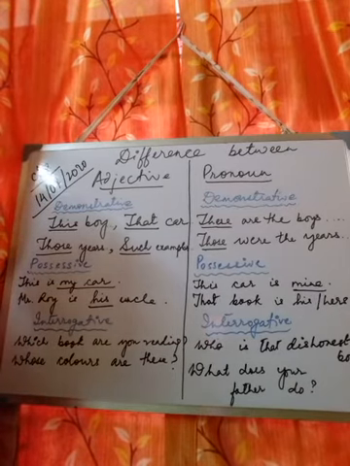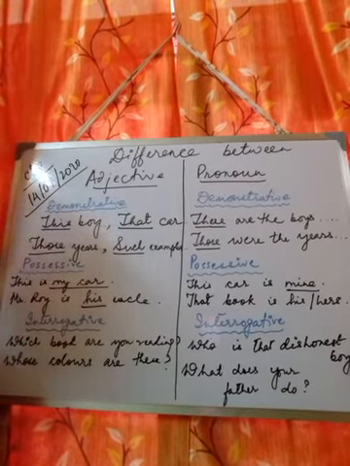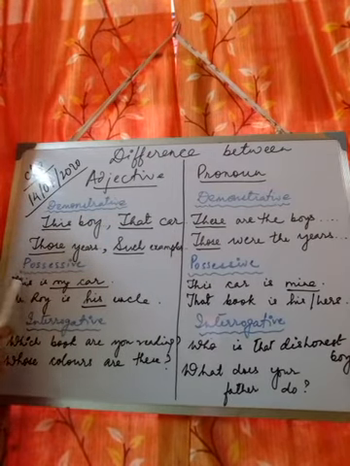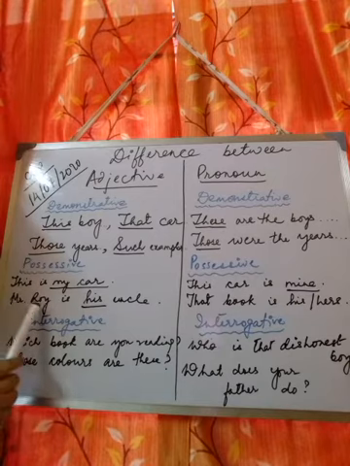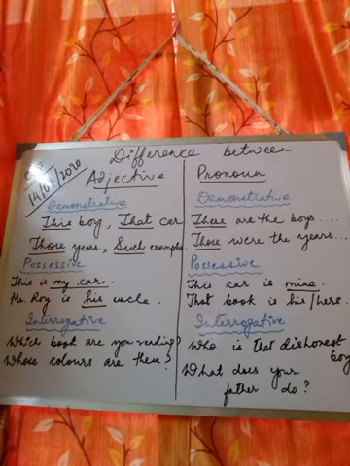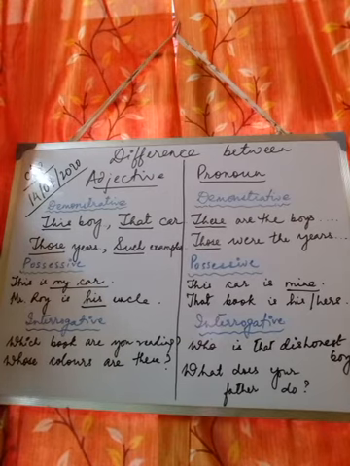Now, moving to possessive pronouns and possessive adjectives. Possessive adjective: this is my car. This is the first example. Mr. Roy is his uncle. Again, in these sentences, we follow the same rule. We find the nouns immediately following the words of possession.